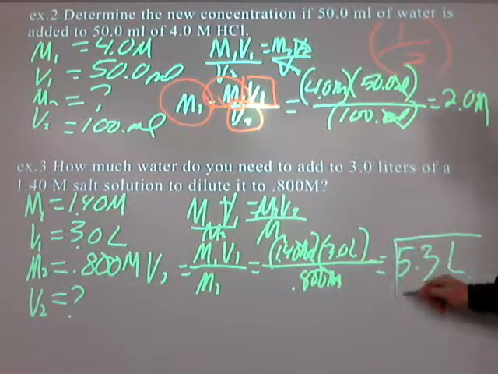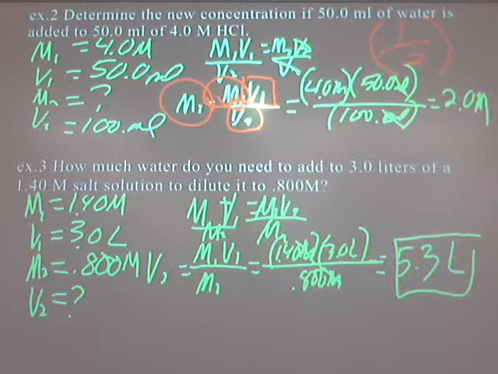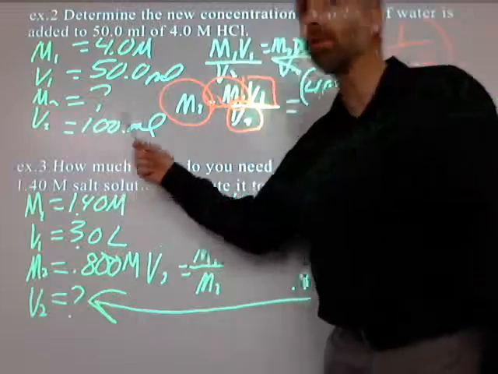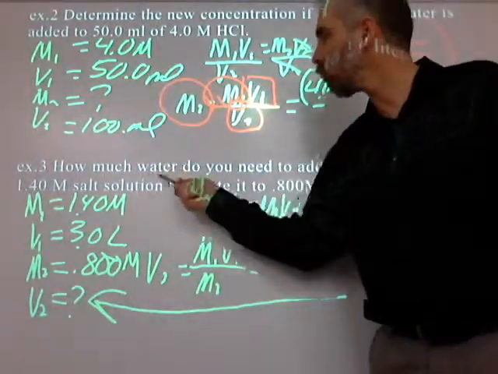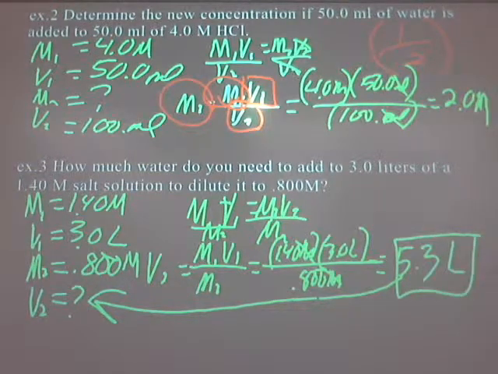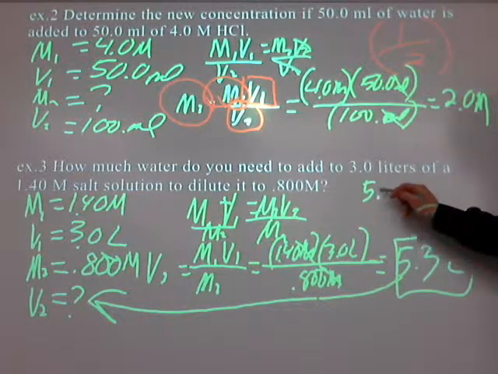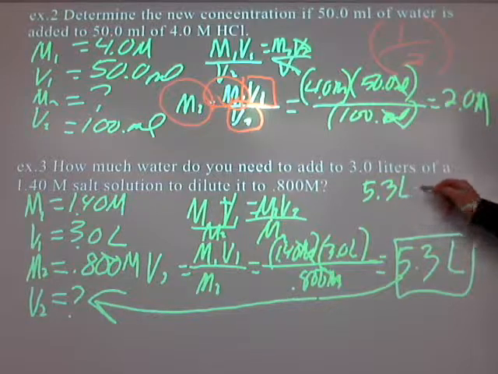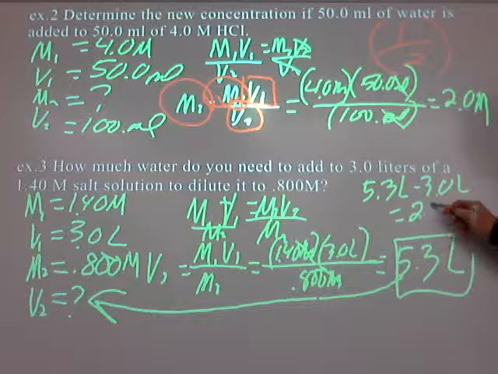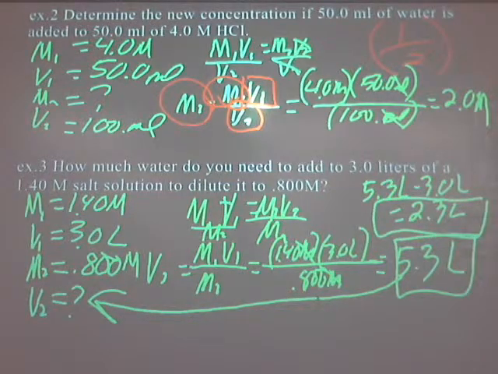All right. Now, that is not your answer. That is how much the new volume will be. But the question didn't ask me that. The question said, how much water do you have to add to 3 liters? That's the total of the 3 liters and the other stuff you added. So what's the correct answer? 5.3 liters minus 3.0 liters, so 2.3 liters is the correct answer.